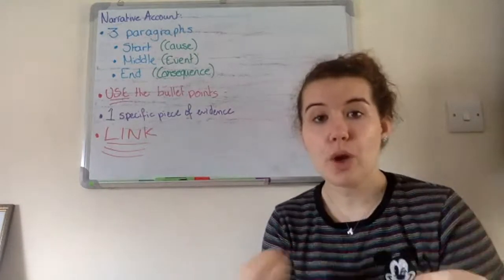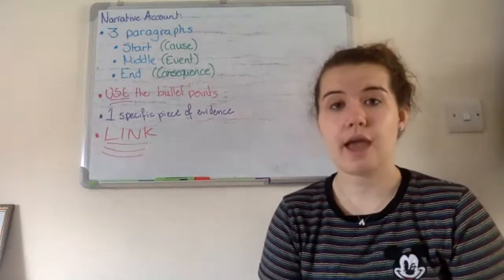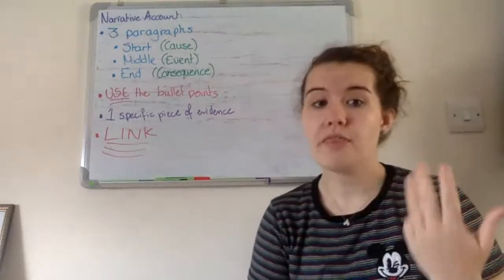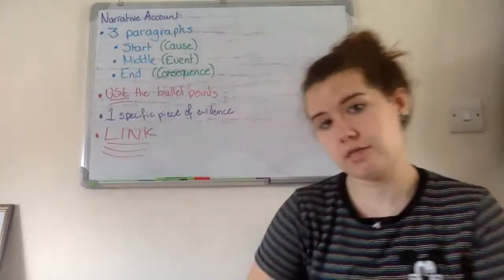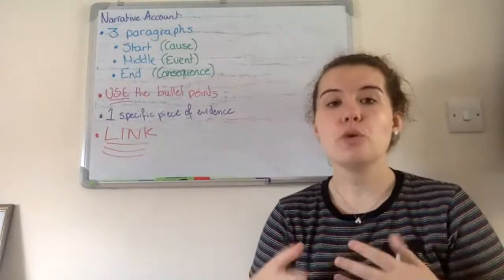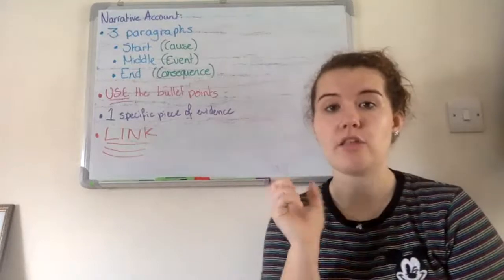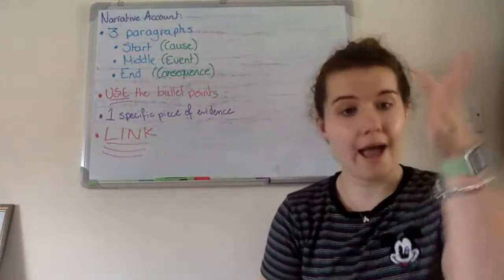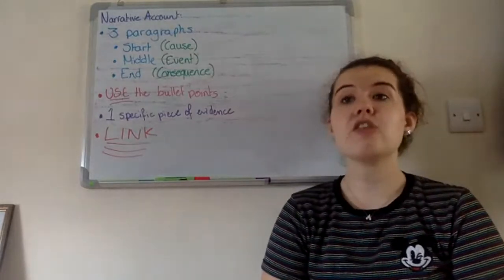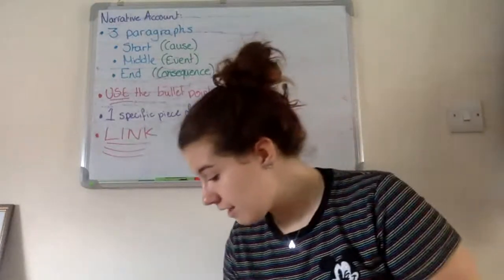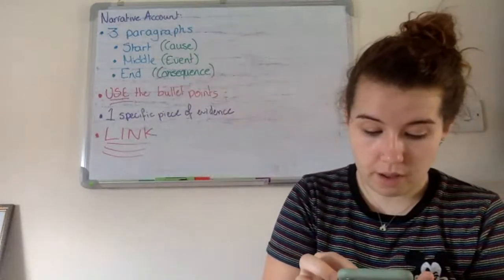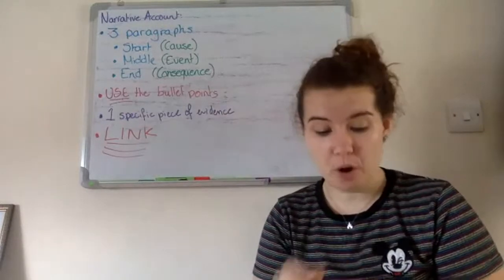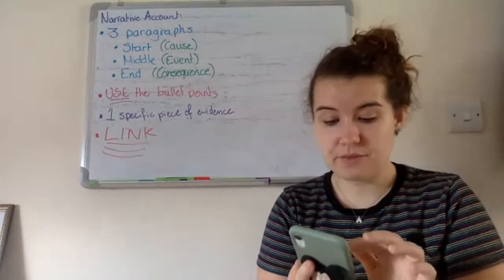Well, that is through connectives: things like however, moreover, furthermore, this led to, as a result, firstly, secondly, thirdly. You are putting these particular words and phrases throughout your answer, not just at the beginning of the paragraph. They need to be throughout. They need to be littered. If you look in my answer, I have underlined and put in bold these different connectives.